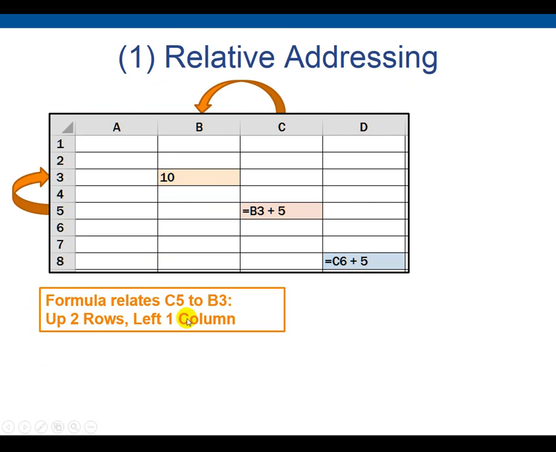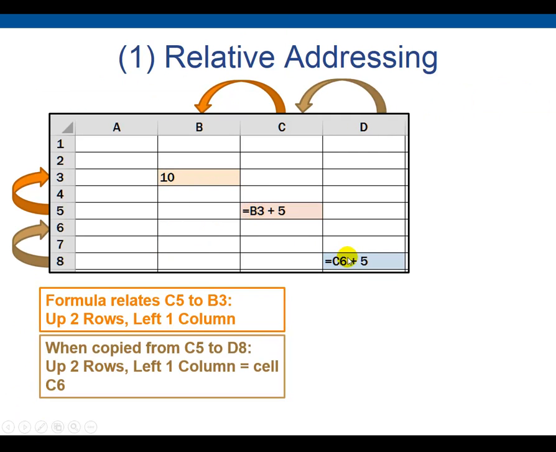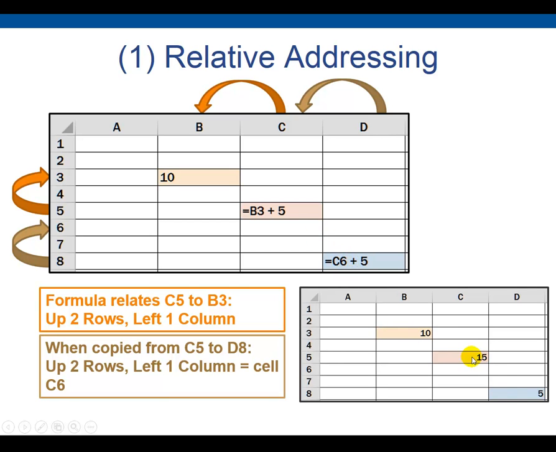Left 1 column and up 2 rows. This is relative addressing. That means if we copy this cell to D8, then go left 1 and go up 2 cells, this is C6. C6 plus 5. So the answers are 10, 15, and this one is just 5.